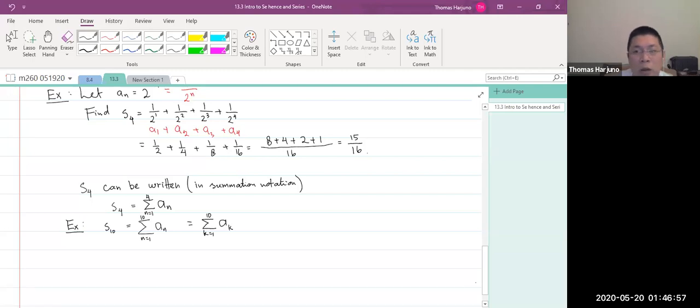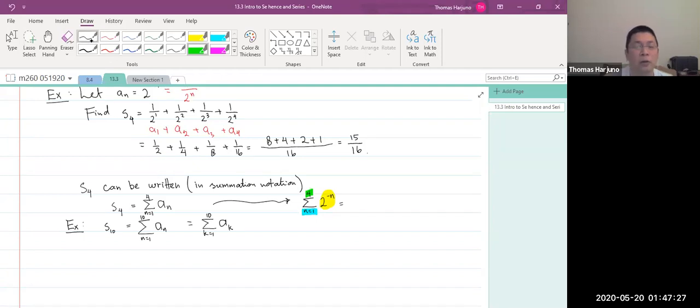Okay, now the notation we have earlier up there, suppose we have the sum from n equals 1 to 4 of 2 to the negative n. That basically means this is the sequence. This is the starting n, and this is the ending n.